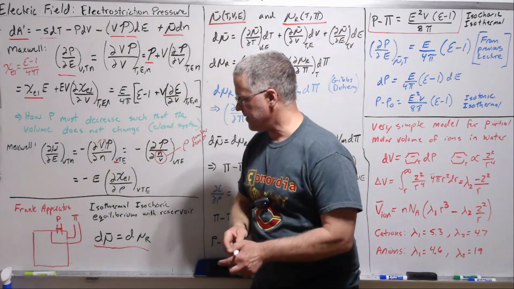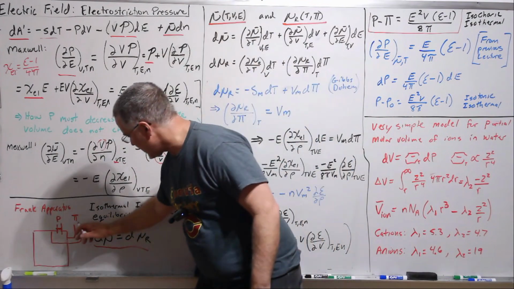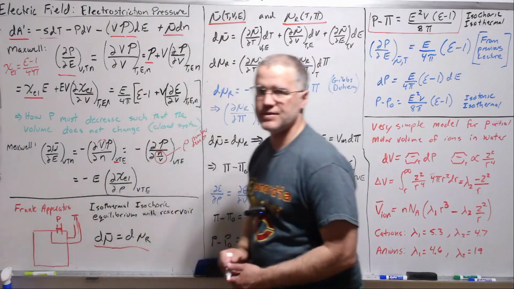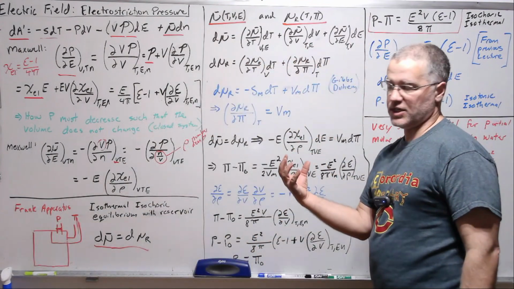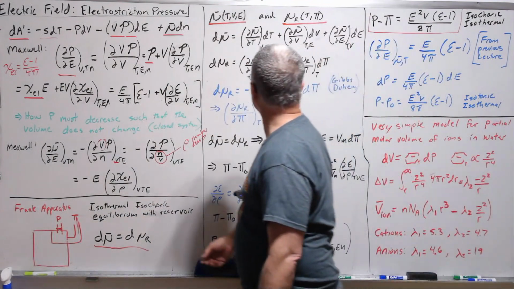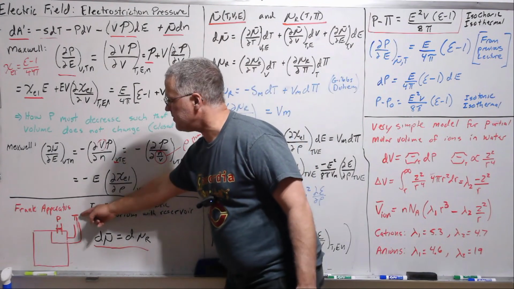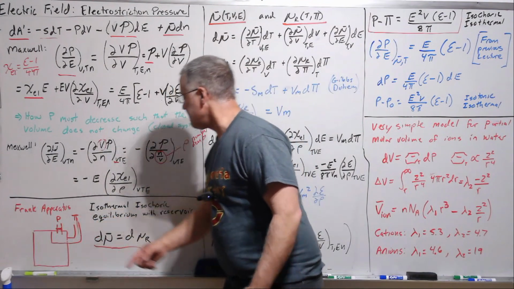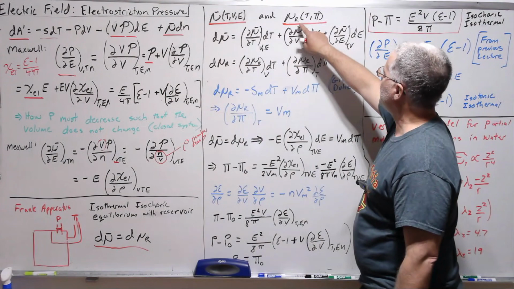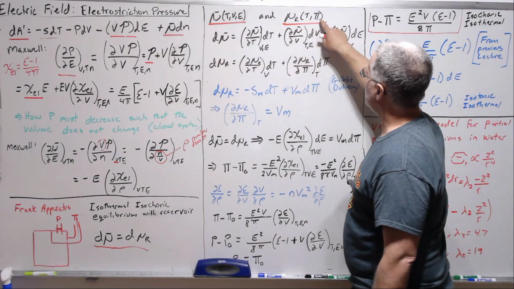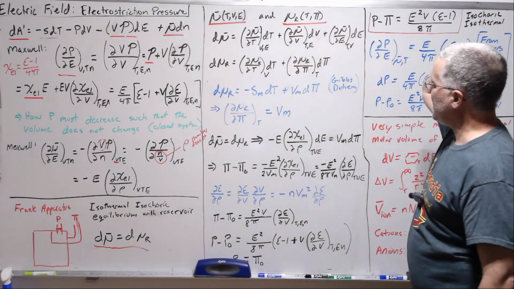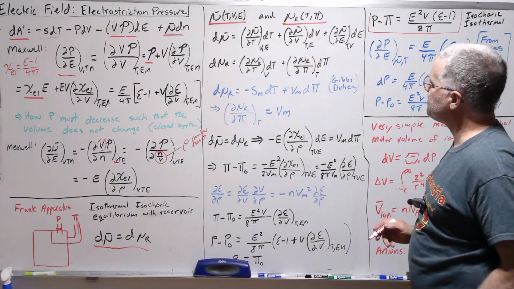We're isochoric. And we're going to just let this be free. So the conditions that the reservoir experiences is a function of this external pressure, and so we can write this as T and capital pi here.